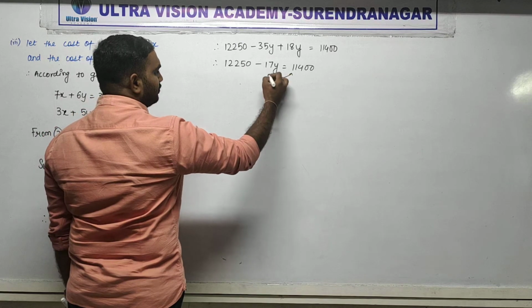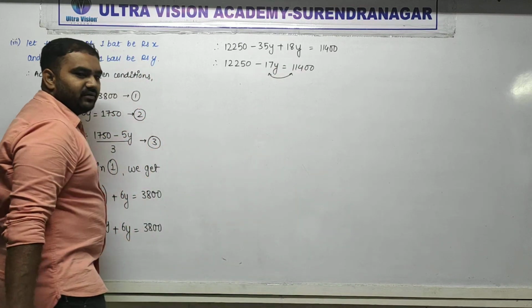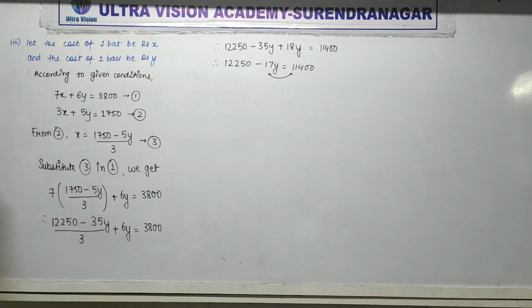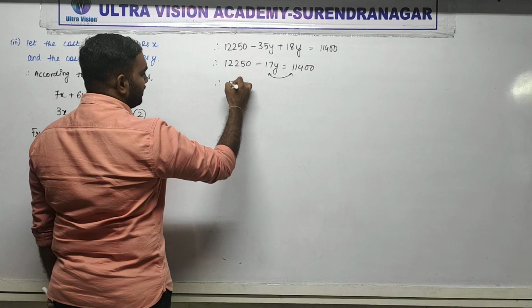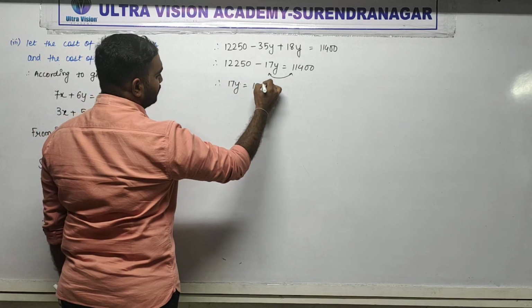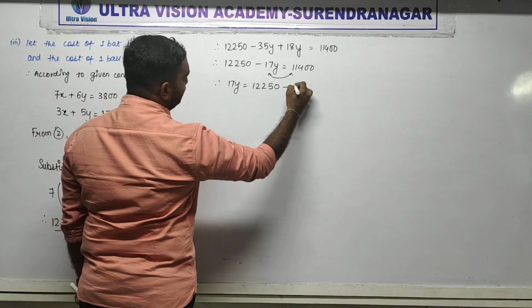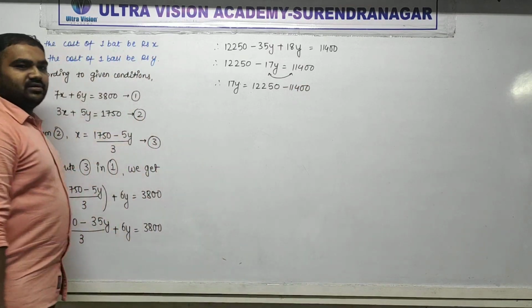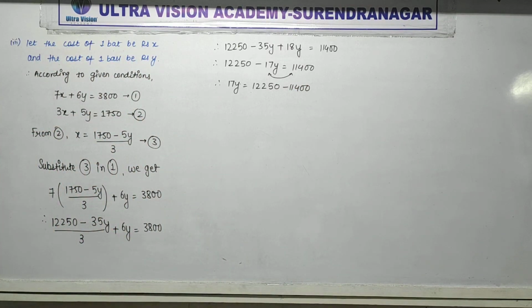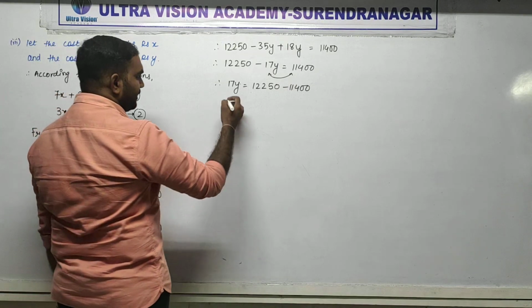Interchange. 17y will go to the right side, 11400 to the left side. That is 17y equals 12250 minus 11400. The subtraction gives us 850.